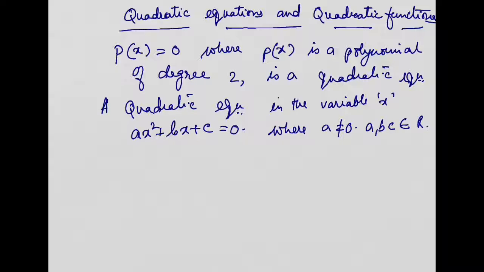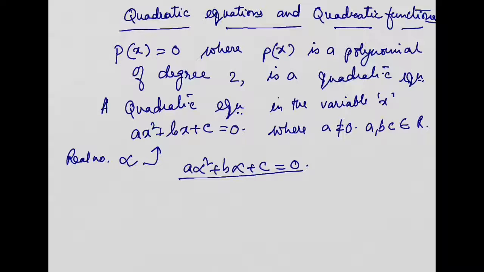Now, in general, say alpha is a real number. This number is called the root or the solution of the quadratic equation if and only if, when we put alpha in place of x, a alpha squared plus b alpha plus c equals 0. This satisfies the condition, the left hand side equals the right hand side.